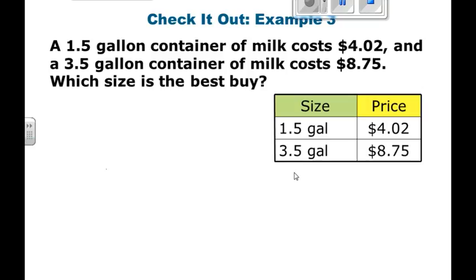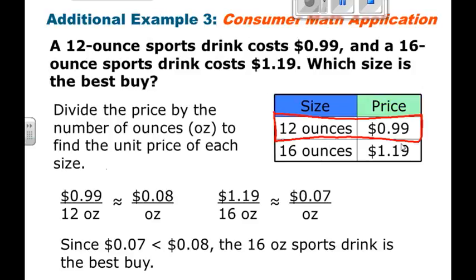So we're going to take the 99 cents over the 12 ounces because it wants to know the price per ounce. Per ounce means that you put the 1 ounce on the bottom. So 99 cents for 12 ounces is approximately the same thing as 8 cents for 1 ounce. That's the unit rate. We divided both the 99 cents and the 12 by 12.